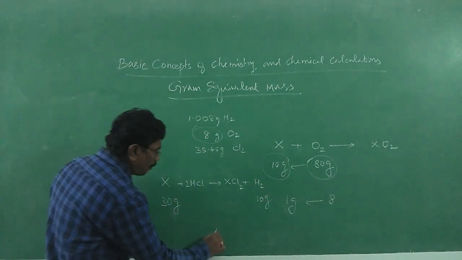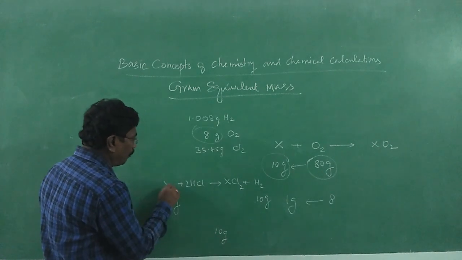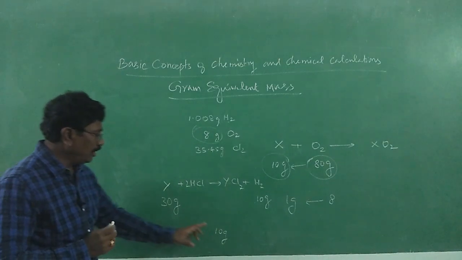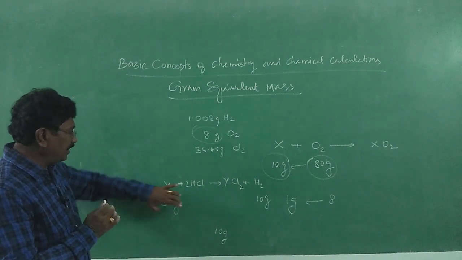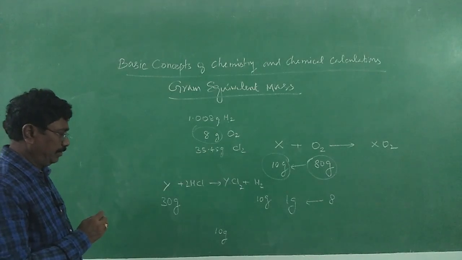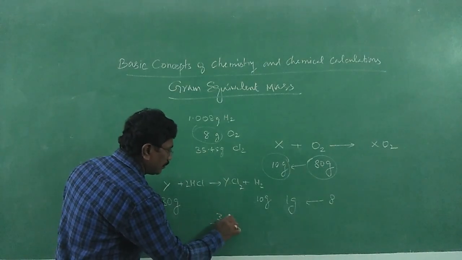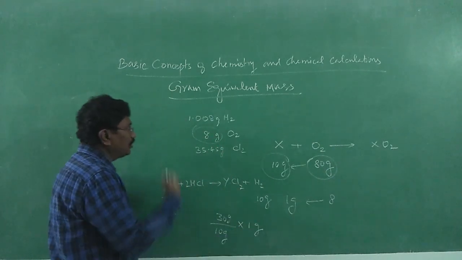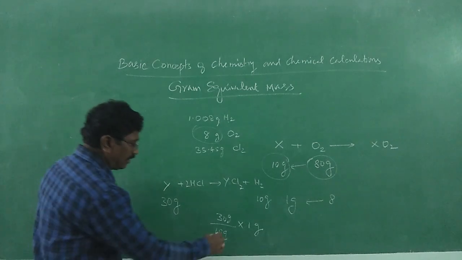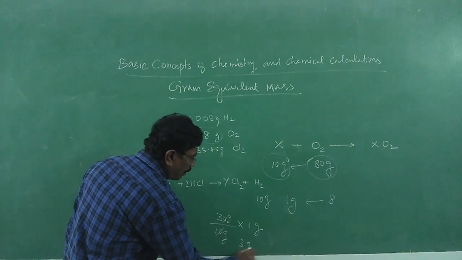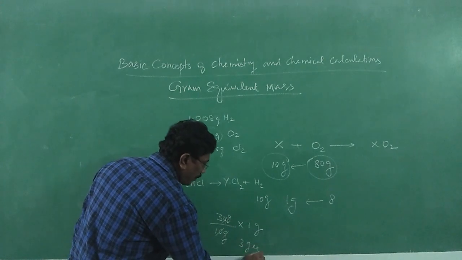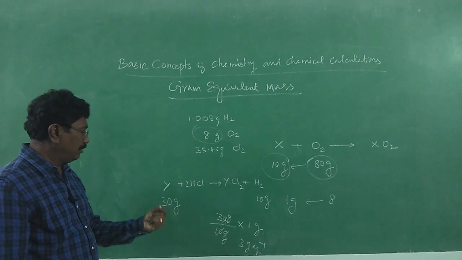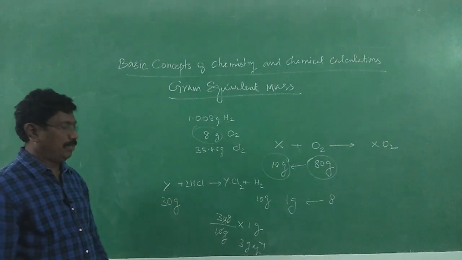There I have taken X, therefore it will be Y. To displace 10 grams of hydrogen, 30 grams of Y is required. So to displace 1.008 grams of hydrogen, how much of Y is required? It is just 3 grams. 3 grams per equivalent we say. For one equivalent, it corresponds to 3 grams for Y.